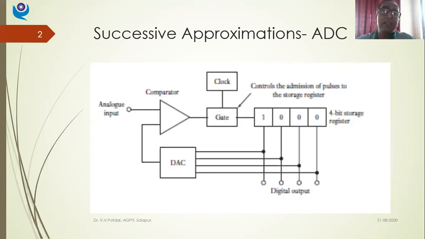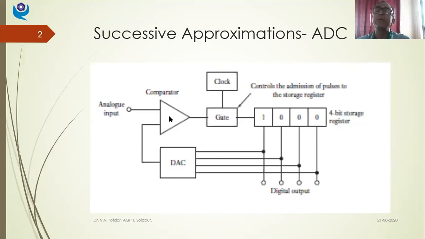So till my generated signal, which is converted into analog form, becomes equal to or slightly more than the analog signal, till that time, this gate will not be opened.